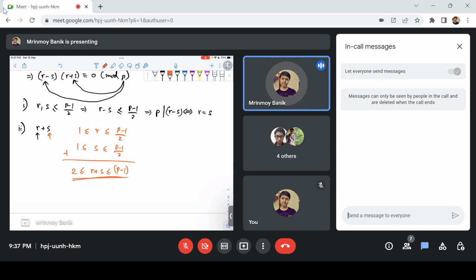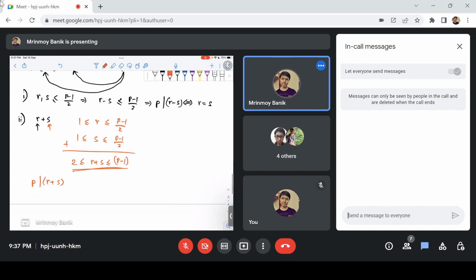We had assumed p to divide r plus s. But as we find, p minus 1 is greater than r plus s, so these numbers have to be equal to 0 for p to divide r plus s. This implies r plus s is 0, just like in the first case, which implies r equals minus s.